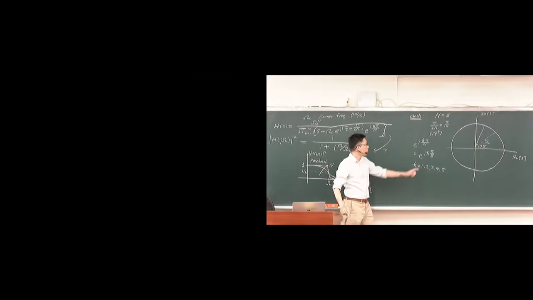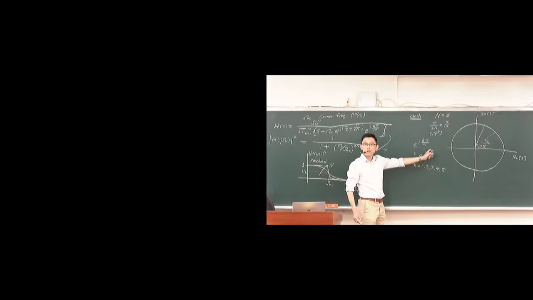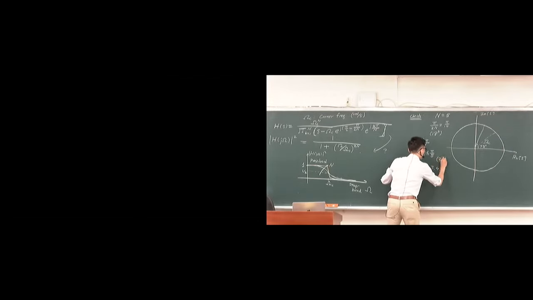So that's e to the j k times pi divided by 5, with k being what? 1, 2, 3, 4, or 5, right? And we know what is pi divided by 5. Pi divided by 5 is how many degrees? Correspond to 36, right? 36 degrees, okay? So this is 36 degrees. Okay, so we are ready.